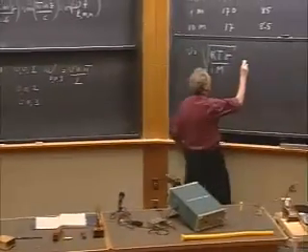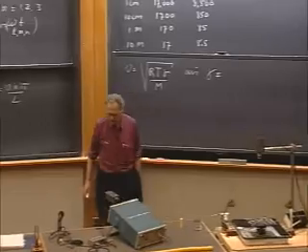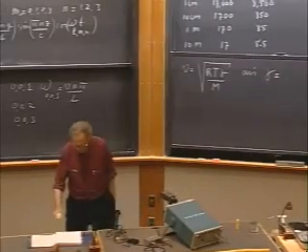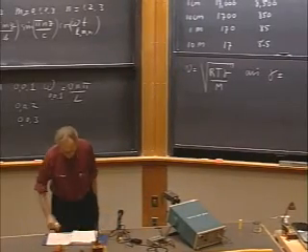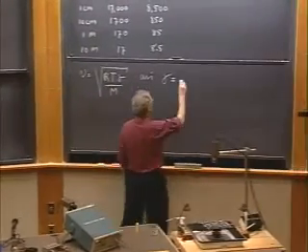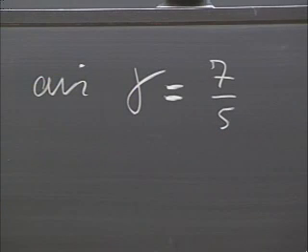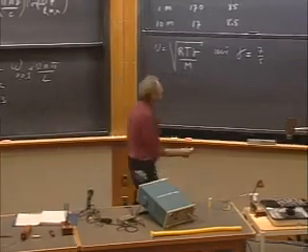Now if we have air, air is a diatomic gas, nitrogen and oxygen. For those of you who've taken 801 and when this was covered, for a diatomic gas, gamma is about 7/5, which would make it roughly 1.4.